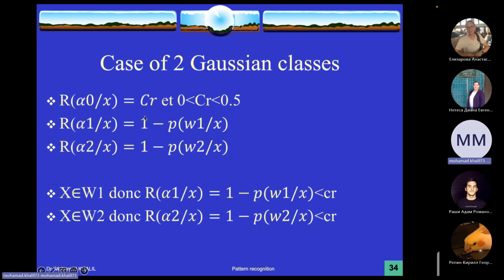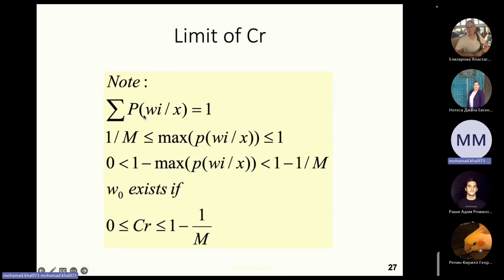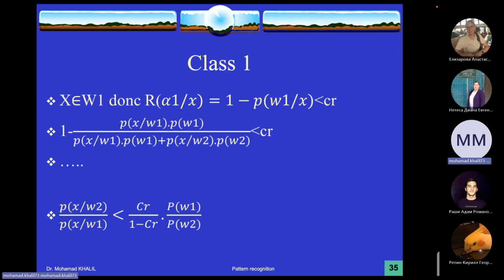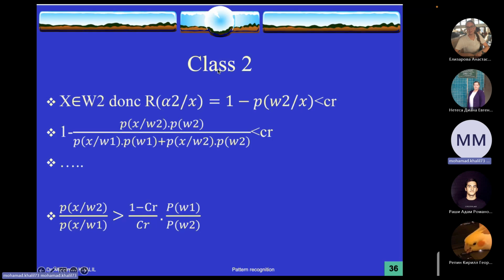In the case of two classes, it is easy to demonstrate that if you use the likelihood ratio, when it is less than a threshold involving CR, this is class 1, and for class 2, it is greater than another threshold. Why do we have two thresholds?